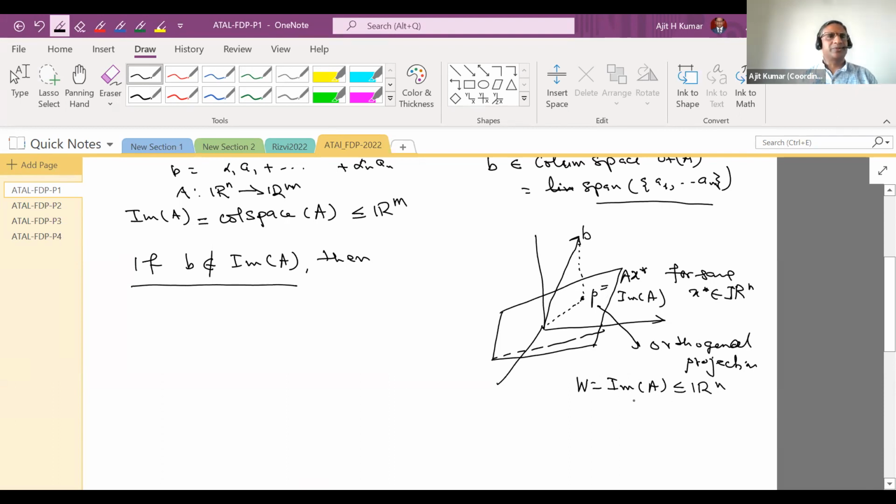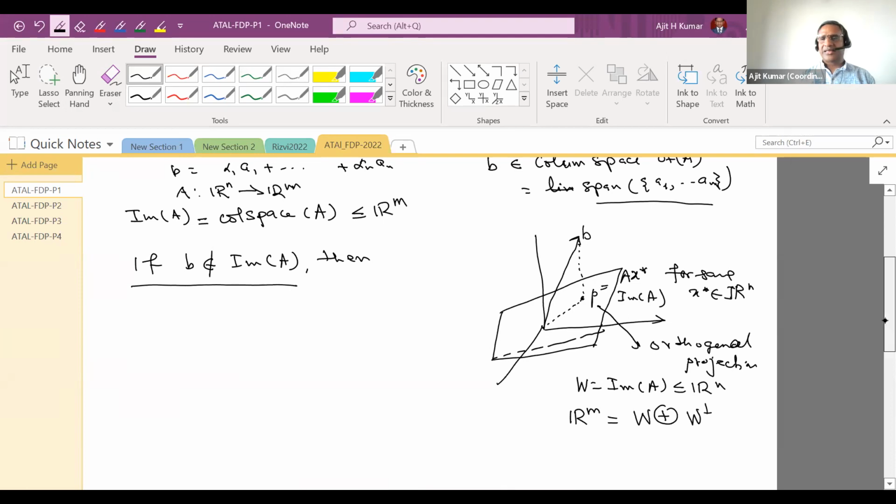That's a notation for subspace. And you must have seen in the inner product space Rn, we will assume that Rn has the standard dot product. So this W is a subspace, and you must have seen that in this case, we can write Rm as W plus W perp.